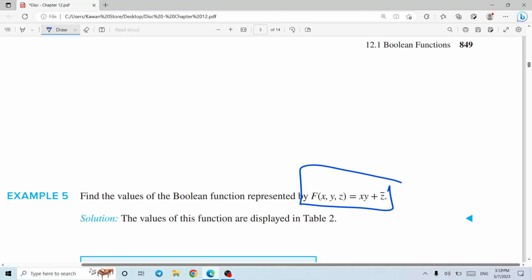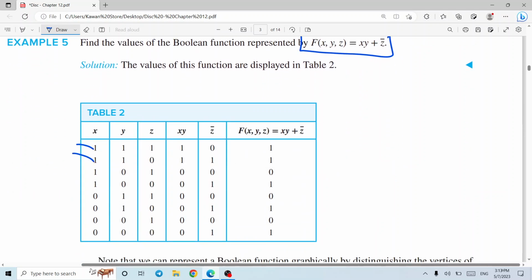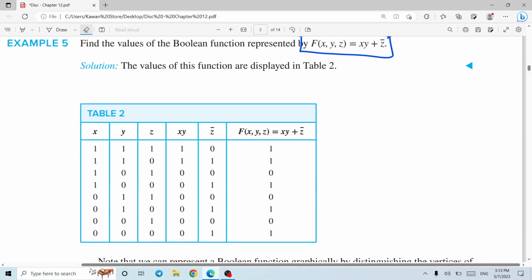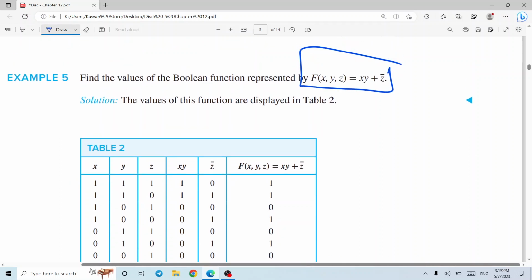How many cases do I have? 2 to the power 3, because maybe 1, 1, 1, 1, 1, 0, 0, 1, 0, 1, 0. You remember that? True, false, true, false. Also, we have that situation. So, first of all, I'm going to write the basic elements. Then, depending on here, I'm getting the output. How do we get the output? My output is X and Y. So, X and Y, I will get that one.